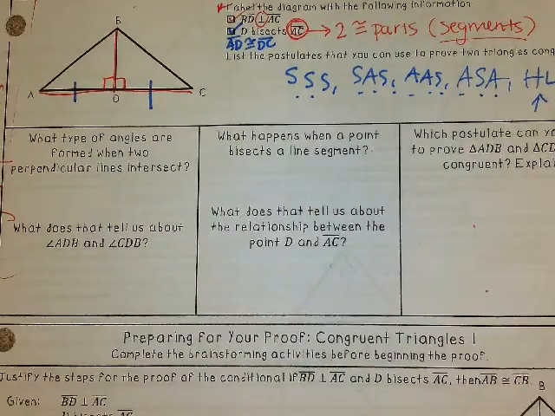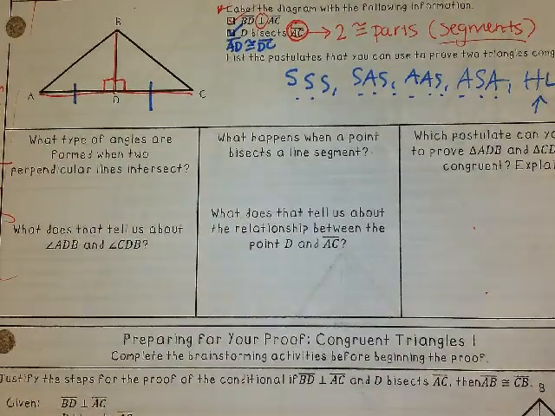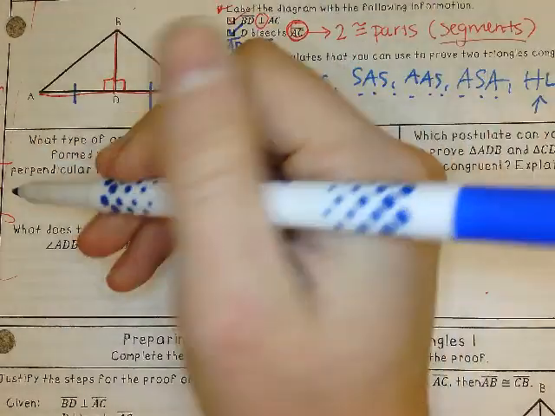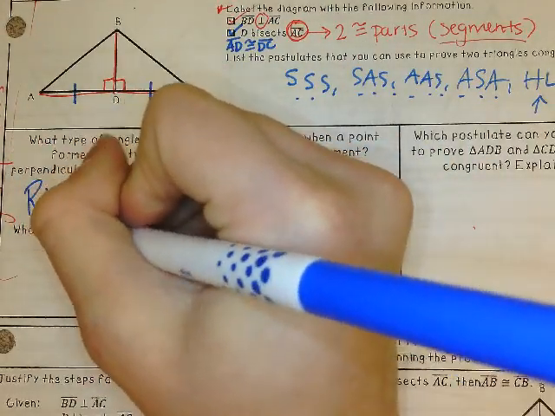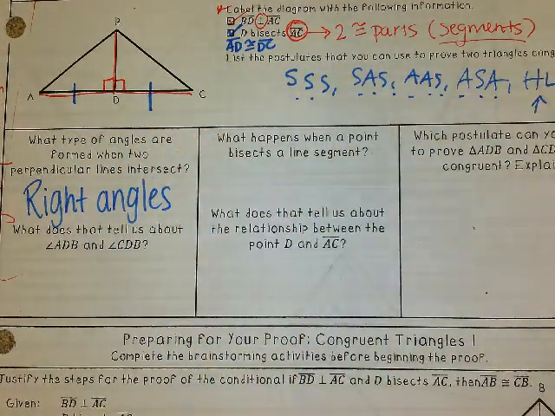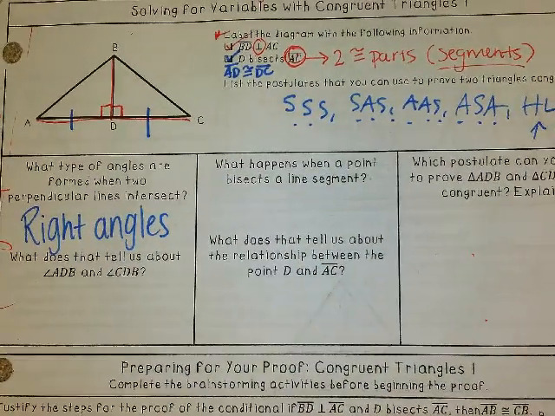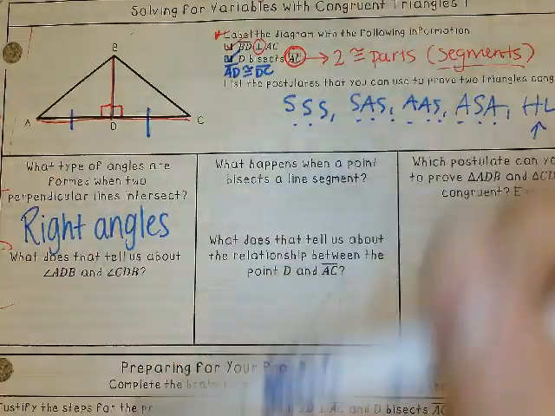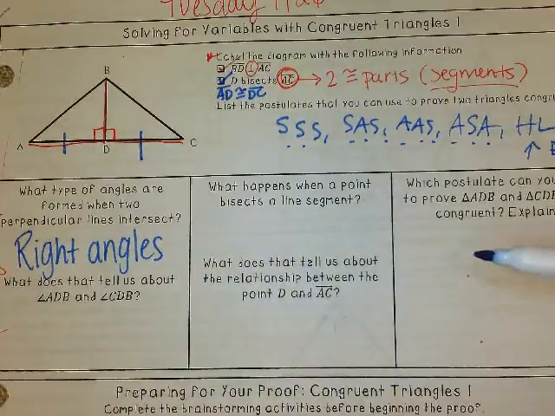Okay, all right. So what type of angles are formed when two perpendicular lines intersect? So right angles. Okay, so this is something that needs to go through your head while you're doing proofs like this.